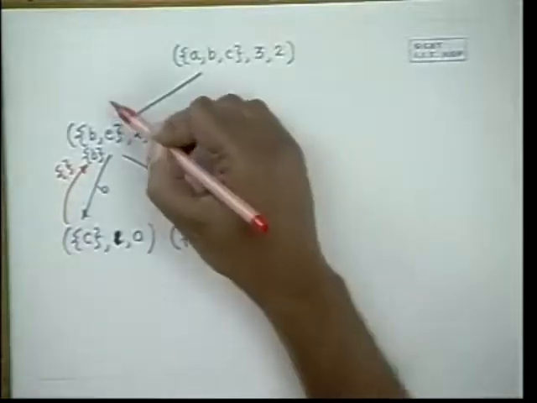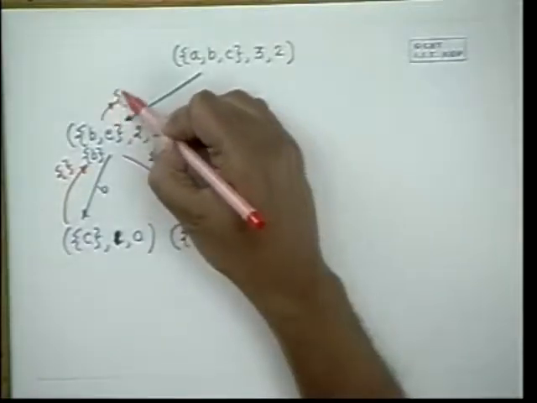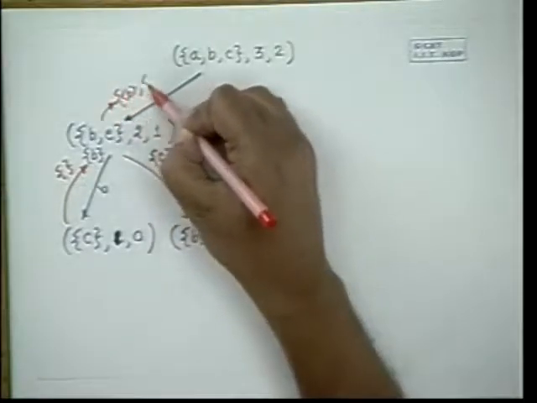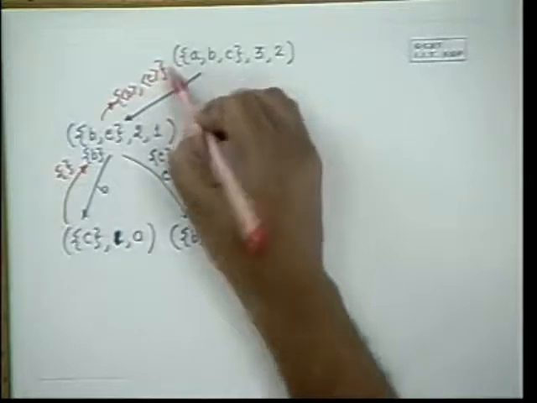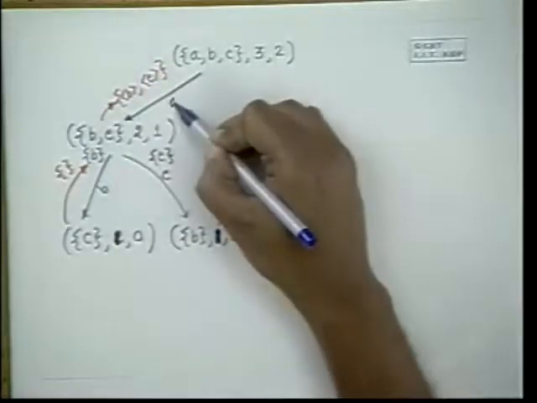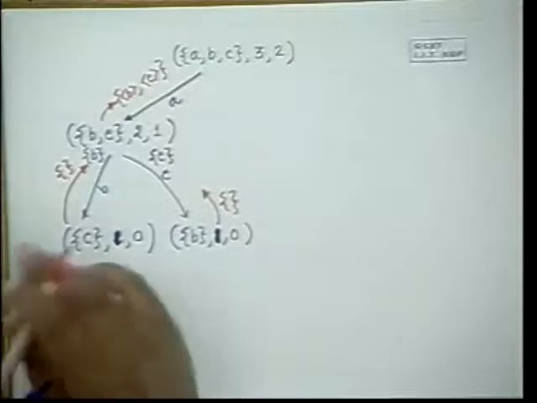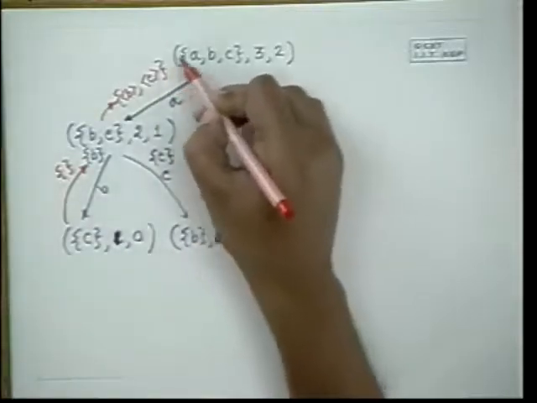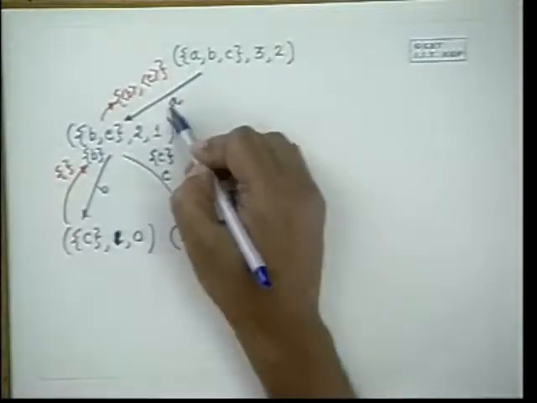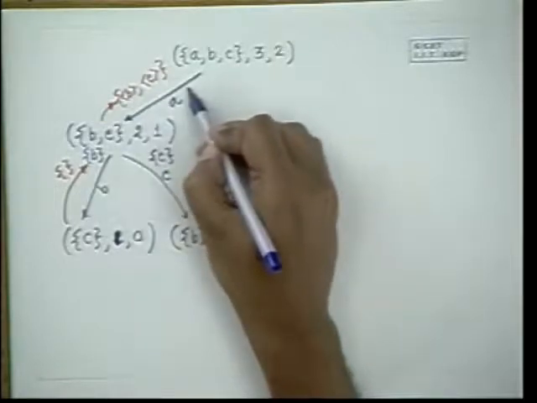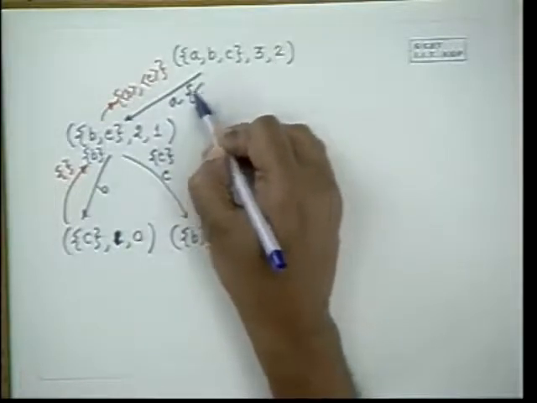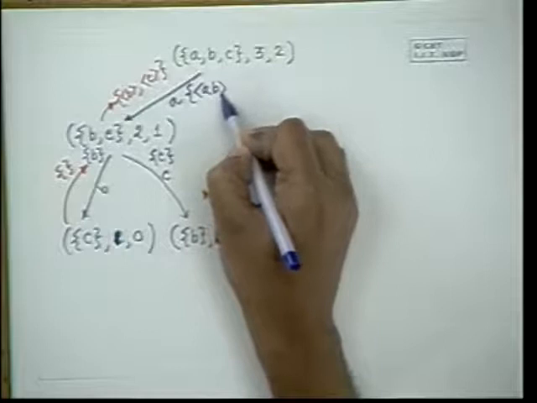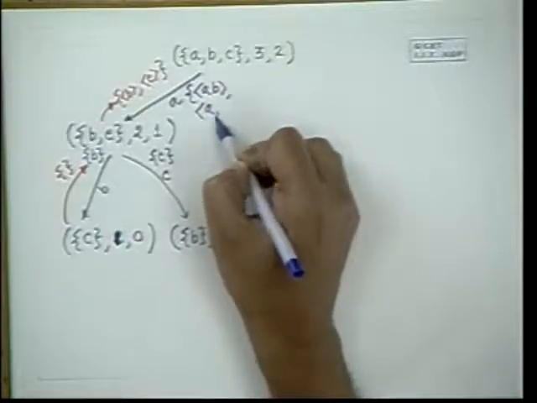So this will return a list with B and C, and this was called with A. What will be formed after the append? You will get AB and AC.